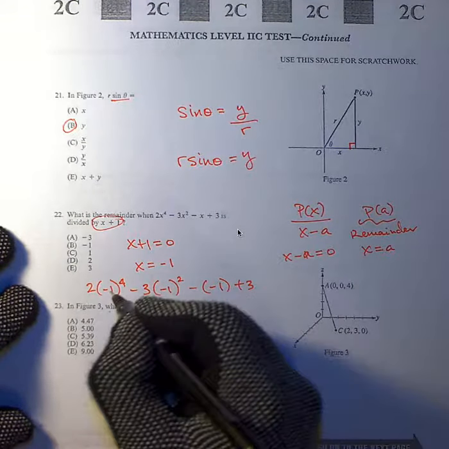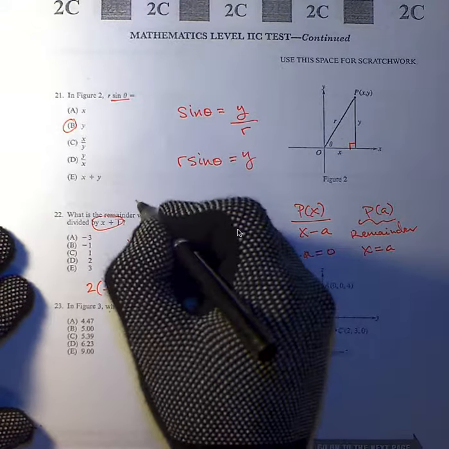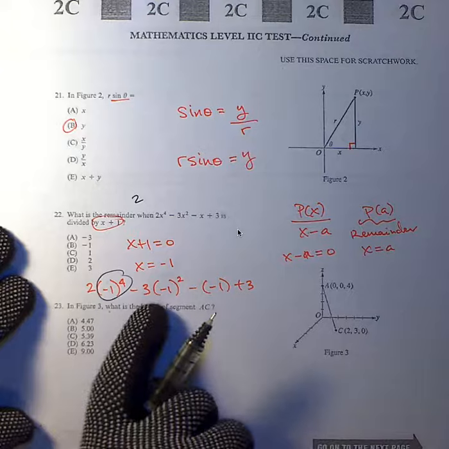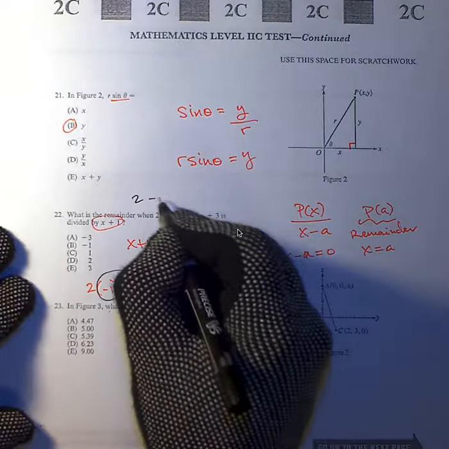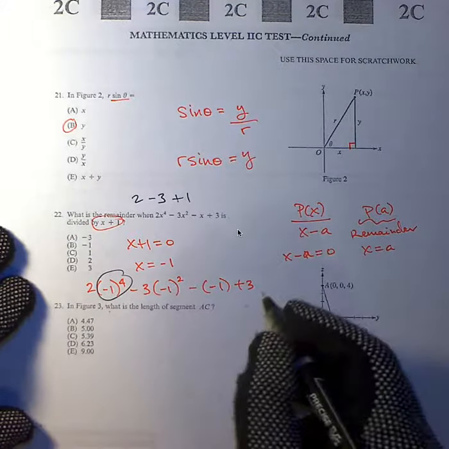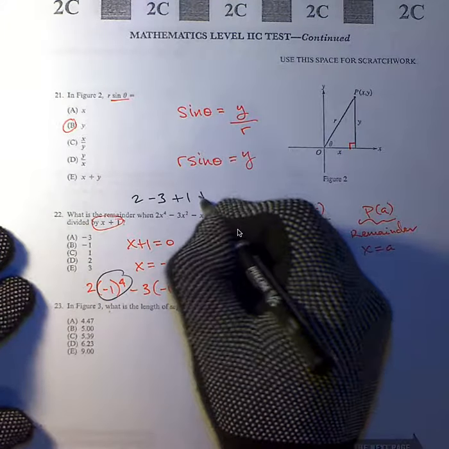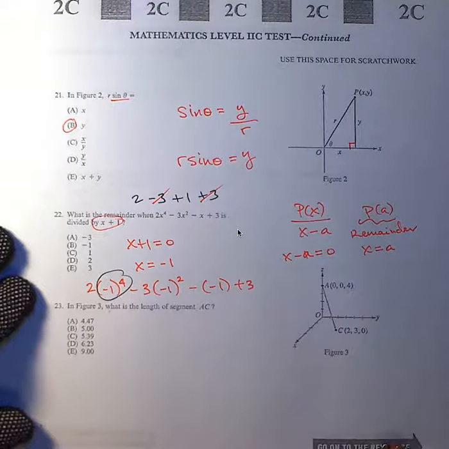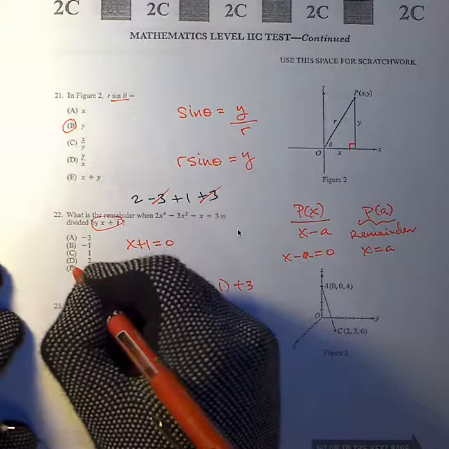This is going to be 2, because negative 1 to the 4th is positive 1. And then minus 3 times negative 1, so that's plus 3, then plus 1, and then plus 3. Wait, let me simplify: 2 minus 3 plus 1 plus 3. I'm going to get rid of the negative 3 and the positive 3, so I get 2 plus 1, which is 3. And therefore, our final answer is 3.